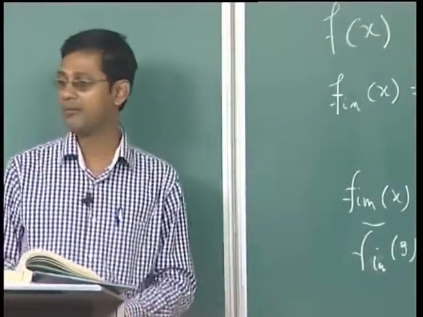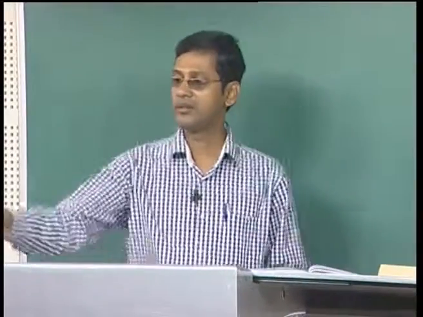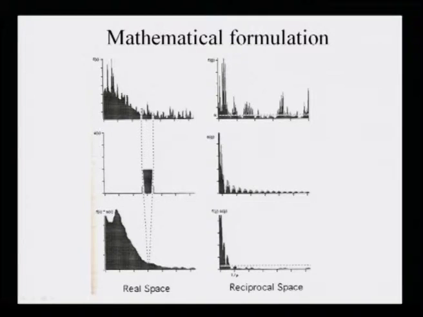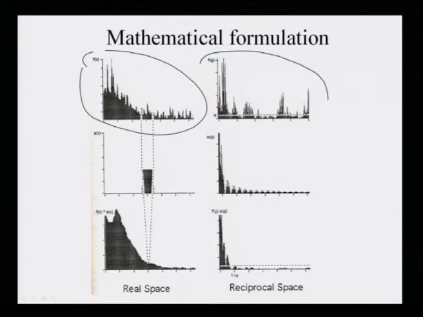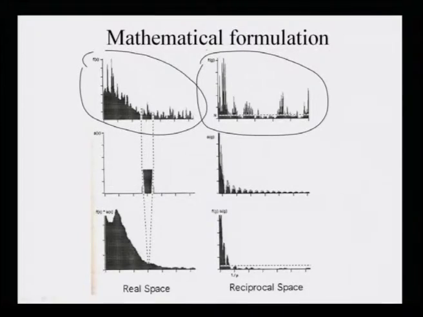Let me also tell you something about resolution, which can be easily derived from this picture. Let us suppose mathematically this is the object function f(x), as a function of x in one dimension. You can see a lot of spikes. If we take the Fourier transform of this, F(g), it becomes very discrete peaks in Fourier space, because it has been transferred from the image space to the Fourier space.